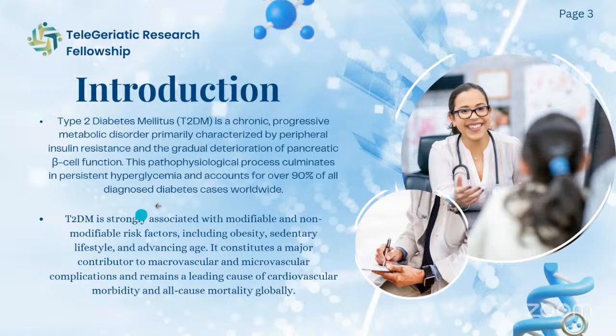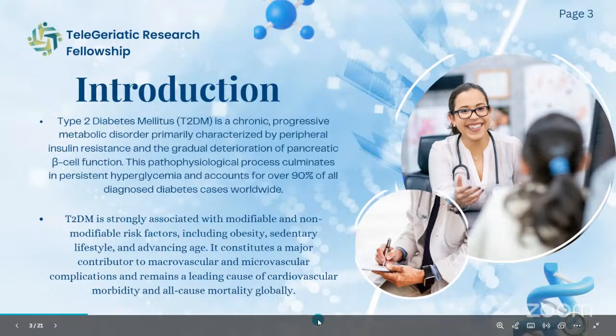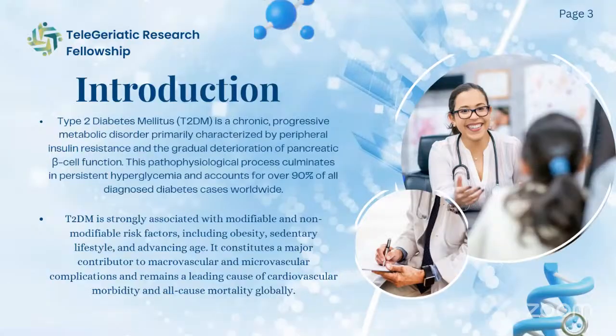Type 2 diabetes is strongly associated with modifiable and non-modifiable risk factors, including obesity, sedentary lifestyle, and advancing age. It constitutes a major contributor to macrovascular and microvascular complications and remains a leading cause of cardiovascular morbidity and all-cause mortality globally.